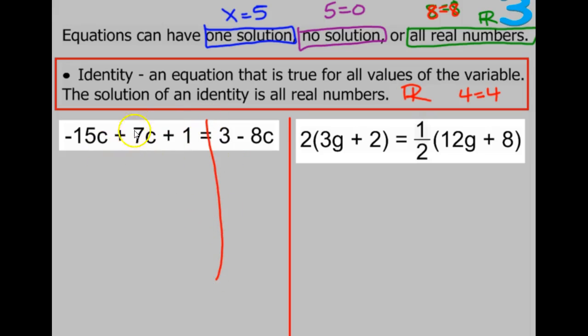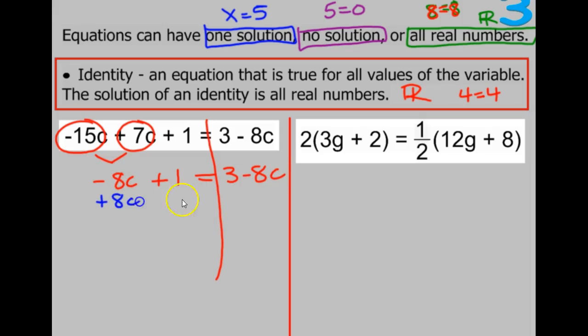Before we get them on the same side, we can combine our like terms, 7c and a negative 15c. There's 8 more negatives, so it's a negative 8c, plus 1 equals 3 minus 8c. Now neither one of these 8c's are smaller, so do the opposite of what you see.